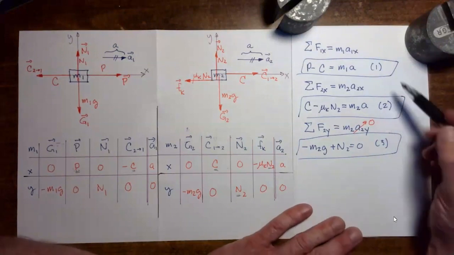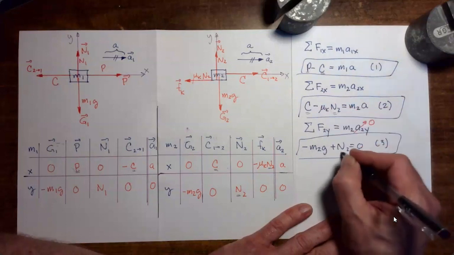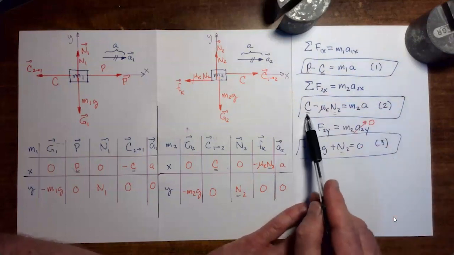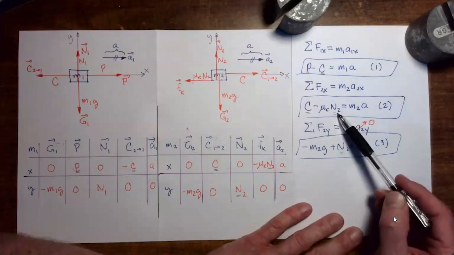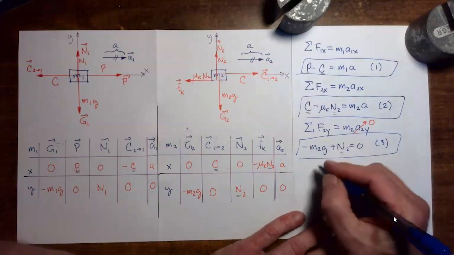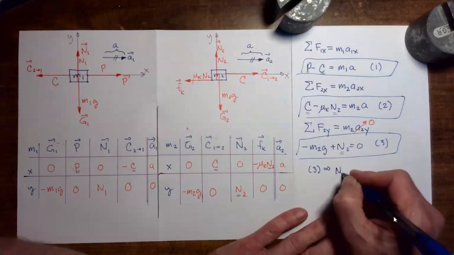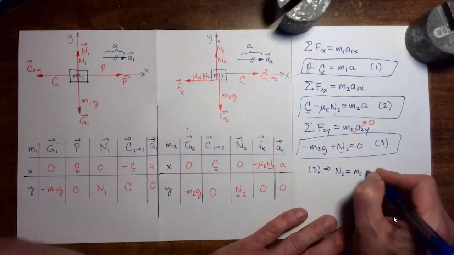Okay, just underlining the unknowns and trying to find that contact force C, but I have an N2 also appearing in that equation, but that's okay. I can use equation 3 to solve for N2. So let's do that. Equation 3 gives me N2 equals M2G.